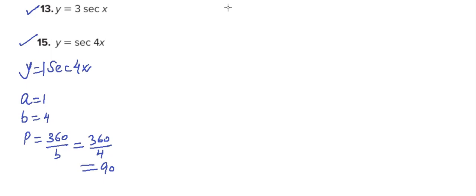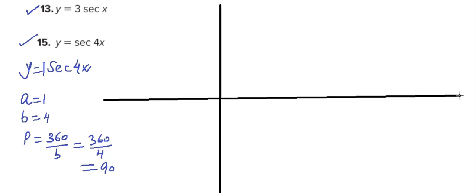Same, we will draw this graph. This is the y-axis, this is the x-axis, and then divide 90 by 4. If you divide 90 by 4, it will be 22.5.